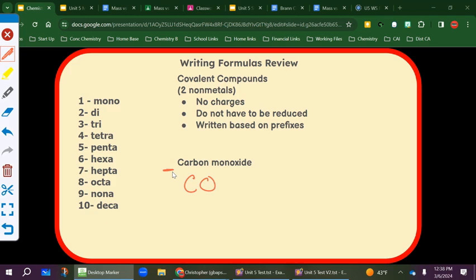They will put mono second. So there will always be at least 1 prefix in these compounds. Always at least 1. So since there is no prefix there, that means there is 1 carbon, and the mono by the oxygen, monooxide, means there is 1 oxygen. That's it. That's your compound.